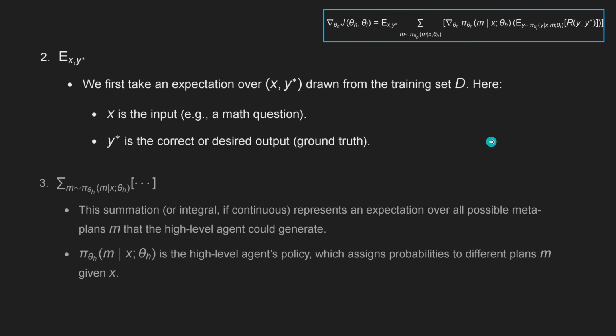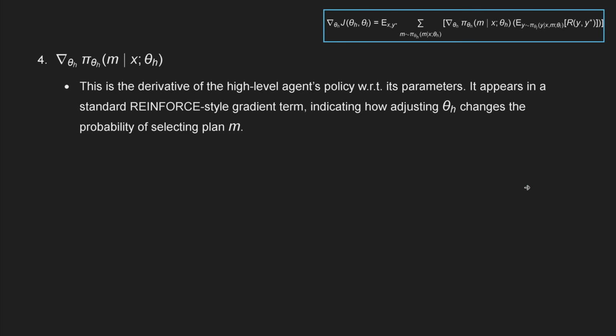Great. And third point, the summation M is sampled from here the policy pi theta high. And you know, pi theta high generates here our plan. So this is the high-level agent's policy, which assigns probability to different plans M given a particular input X. Okay, next term.